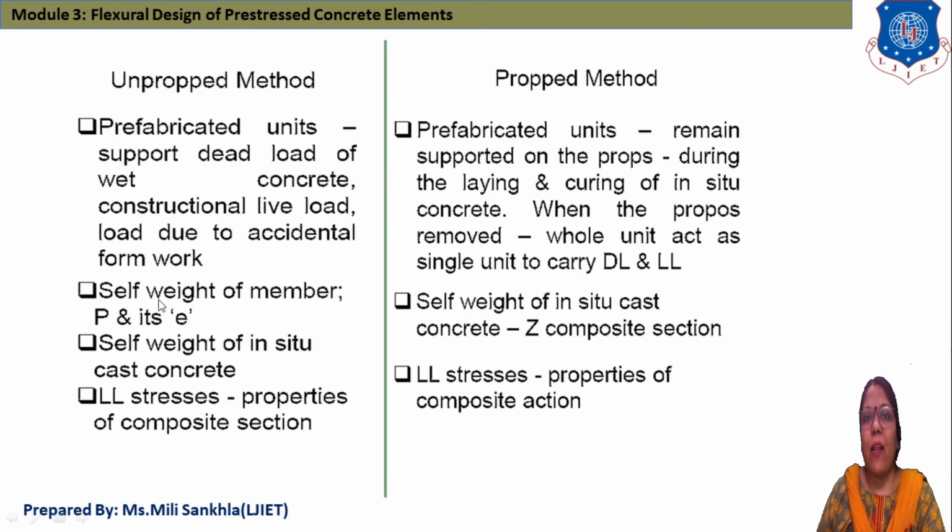Now stress due to self-weight is taken as load P and eccentricity, and stress due to cast in situ concrete is also calculated. In the propped method, for stress due to cast in situ concrete, the composite section is used, and the same for live load stresses, where we consider the properties of the composite section. Okay, simply the difference in the first one.